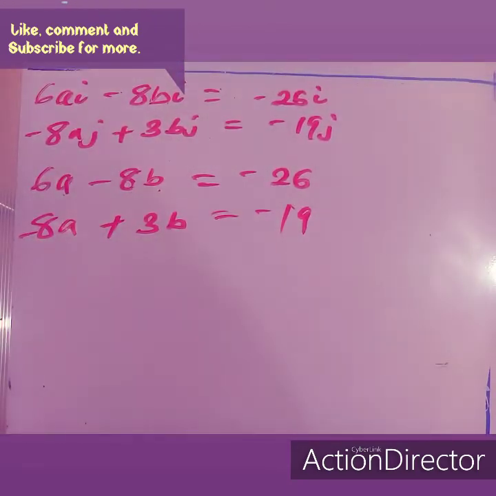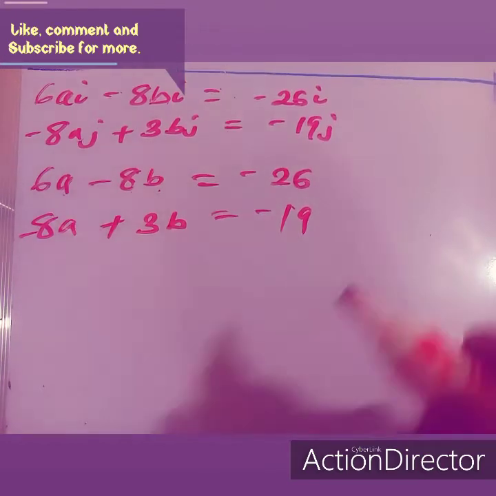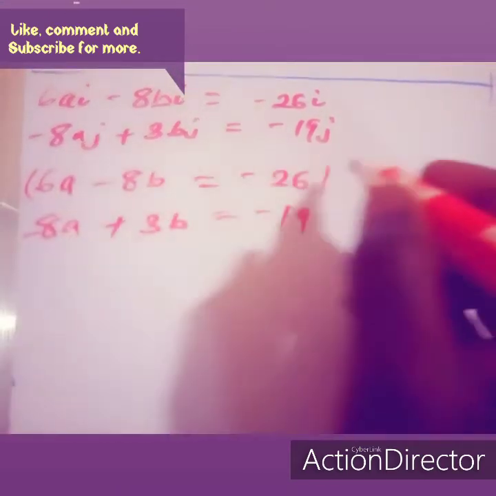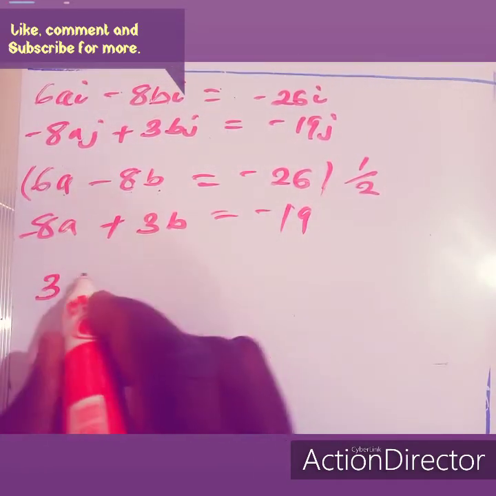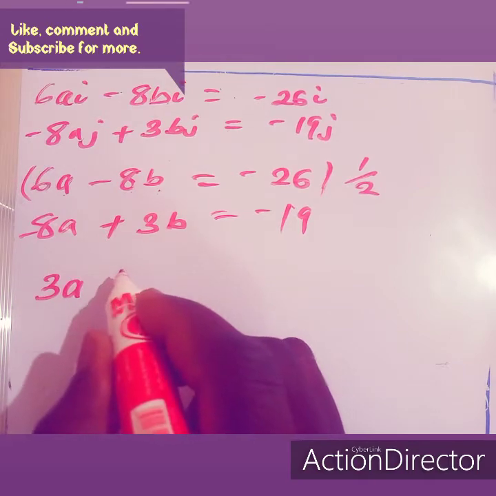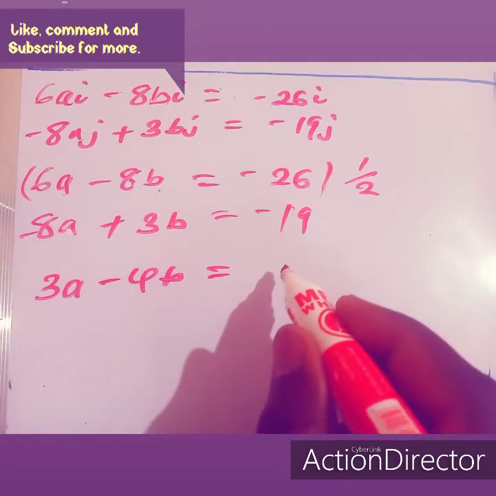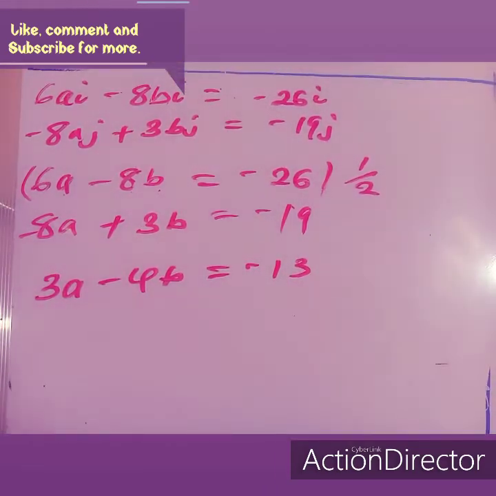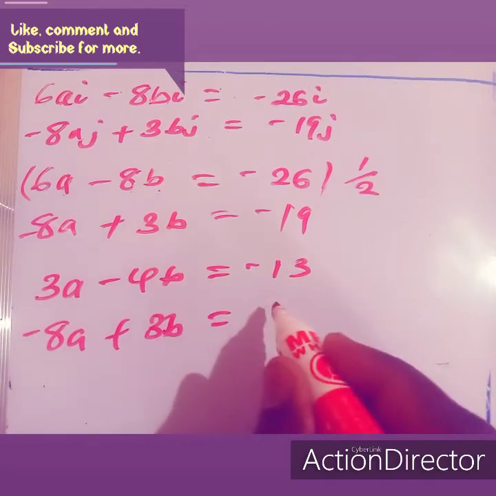So after having that, we can solve this. We can reduce the upper equation if we multiply by 1 over 2. So the upper equation we get is 3a minus 4b will be equal to minus 13. Then we have minus 8a plus 3b is equal to minus 19.